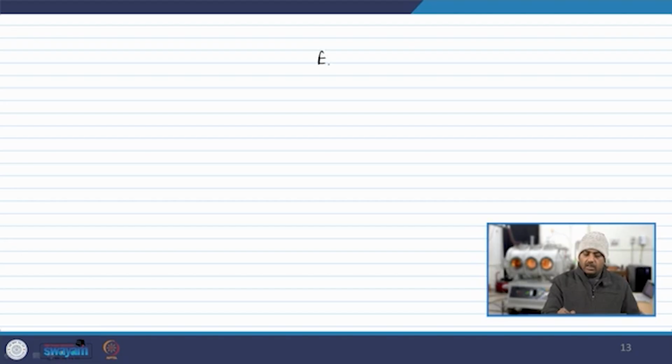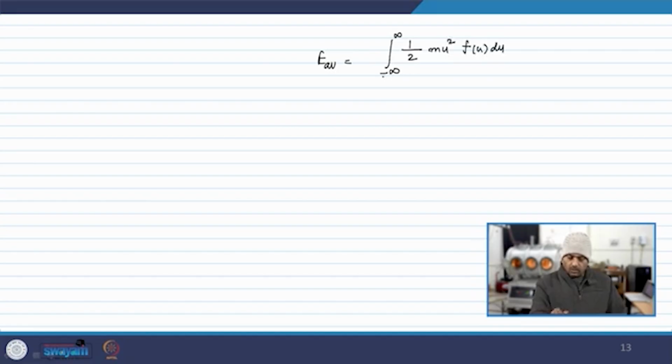Let us say E average is the integral from minus infinity to infinity of half m u square f(u) du, divided by the integral from minus infinity to infinity of f(u) du, right.